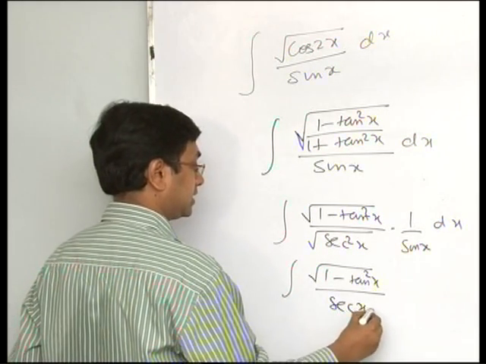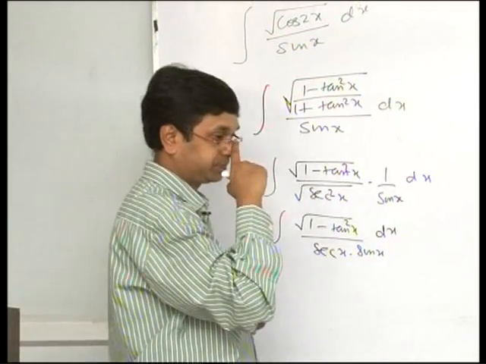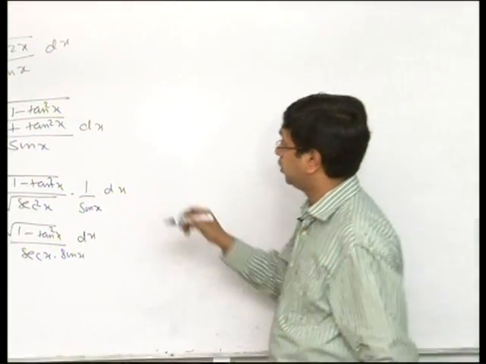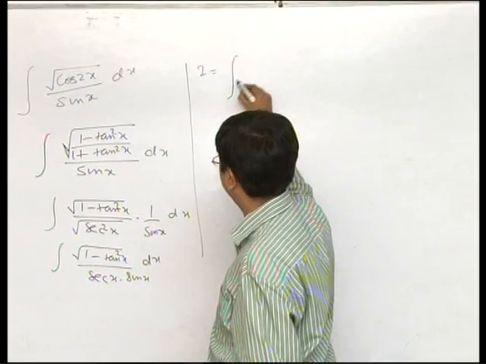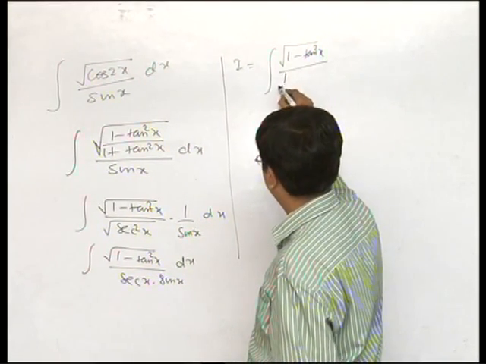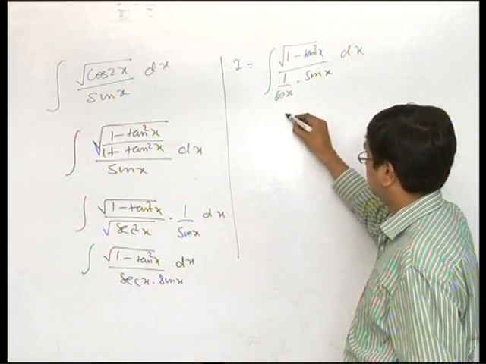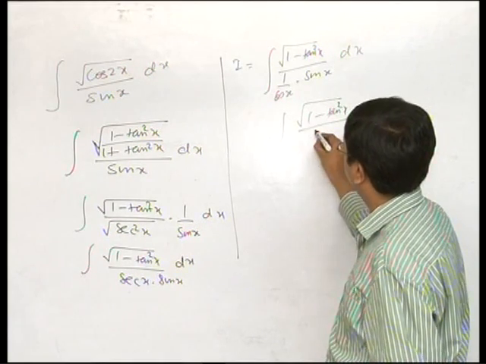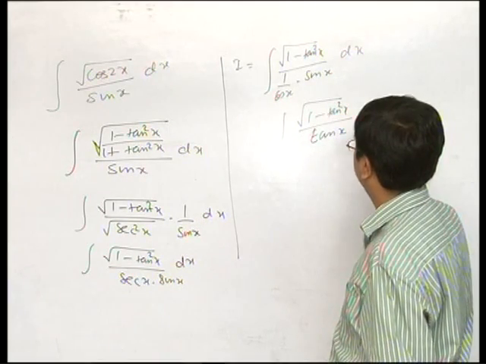Obviously, you'll have sec x into sin x dx. Now, after this, what do we do? The problem I, we have taken, will become 1 minus tan square x, 1 by cos x into sin x. So this becomes root of 1 minus tan square x upon tan x dx.